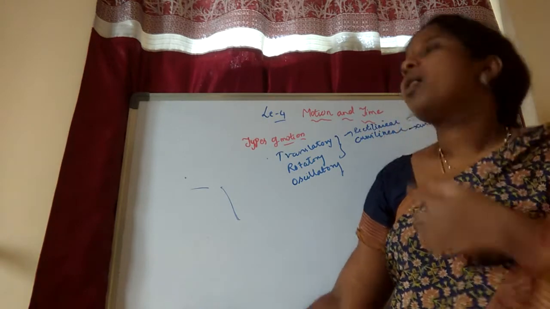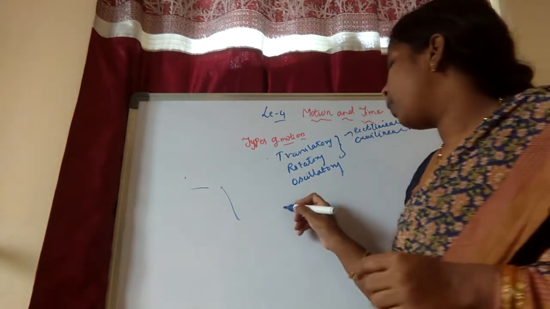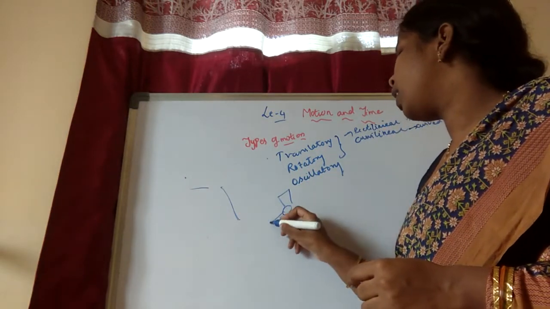And coming to the rotatory motion, we have already read it. For example, take a ceiling fan, which has 3 blades.